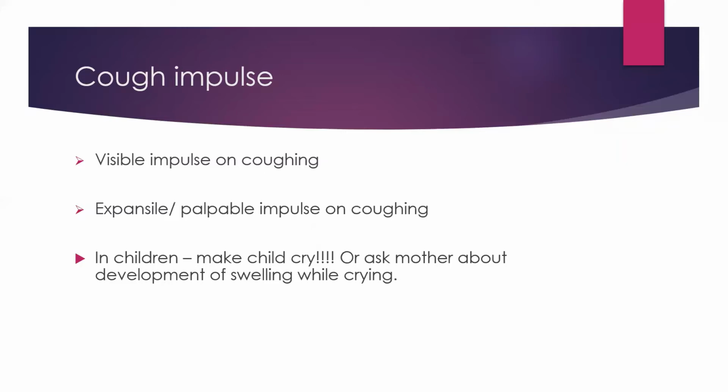Sometimes the patient may be a very young child who has some hernia or hydrocele, something like that. In those cases, how will you make them cough? They will not cough. You will need to make the children cry. In examination it is not necessary, but in your private practice that will be needed. You have to make the children cry to see the cough impulse.